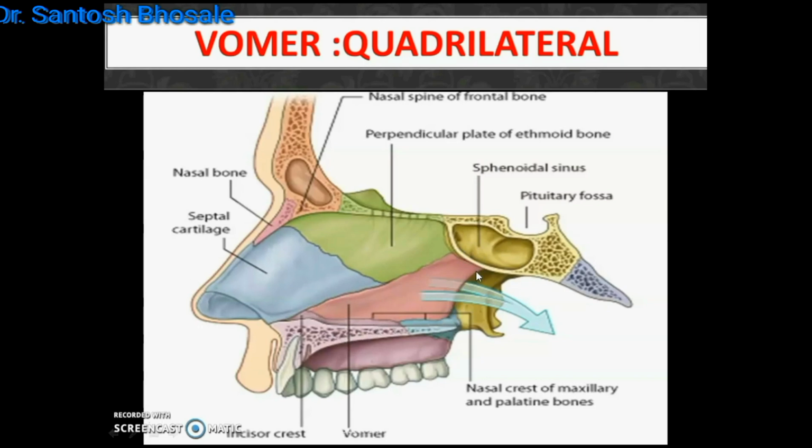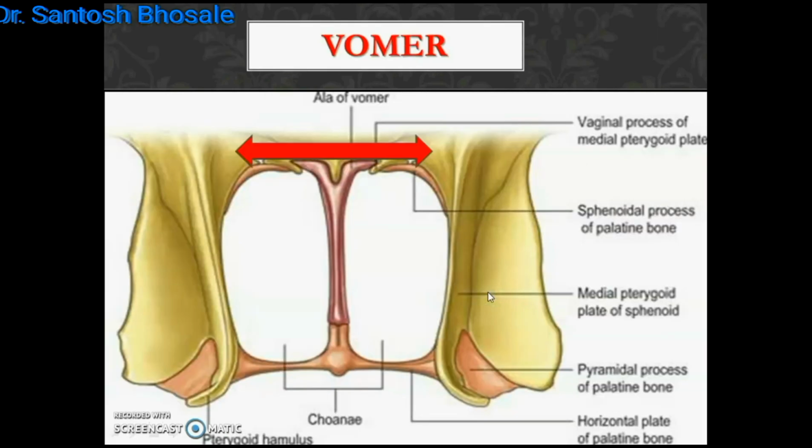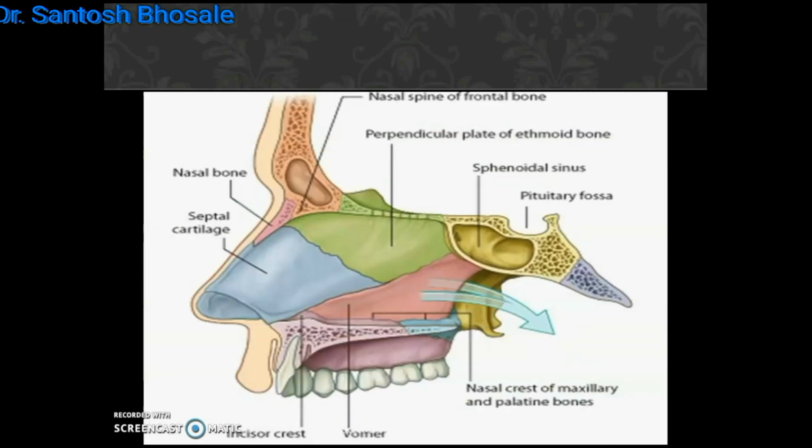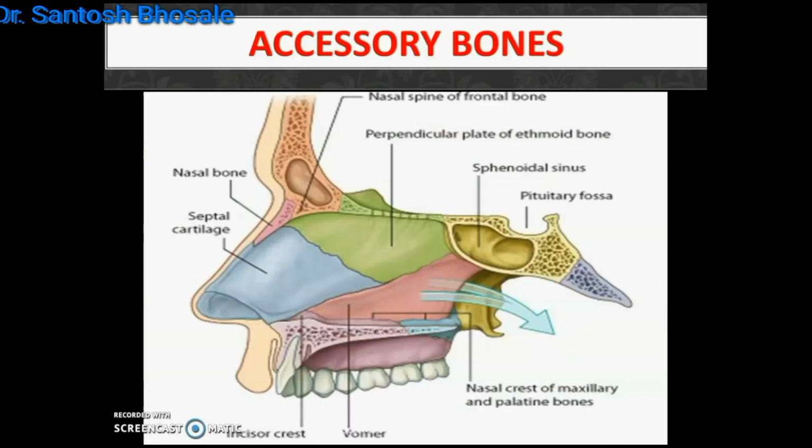Posterior border is free. Above it is related to the spine of sphenoid, and the vomer bone divides the nasal cavity, and on either side of the vomer bone you will see the choanae. The vomer bone is bilateral in development, so it diverges above into 2 alae, and below it articulates with the palatine bone, above with the body of sphenoid, that is schindylesis, a wedge and groove suture that we have discussed. So that is about vomer.